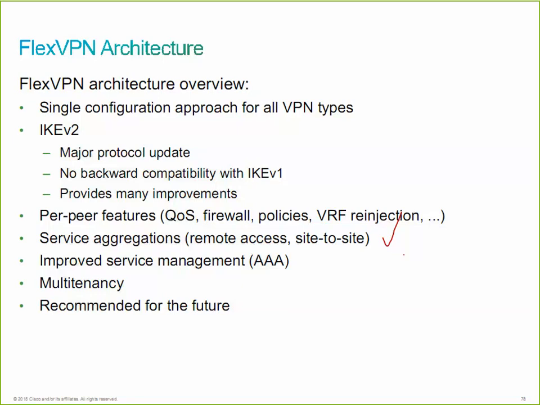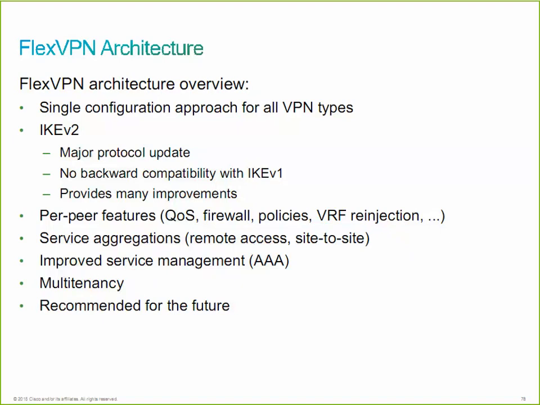We can work with AAA databases, and that allows for things like multi-tenancy and so on, and this is Cisco's little take on it. Recommended for the future. So if I was to say this in a salesy way, I'd say FlexVPN is the future technology of choice for VPN solutions, right?